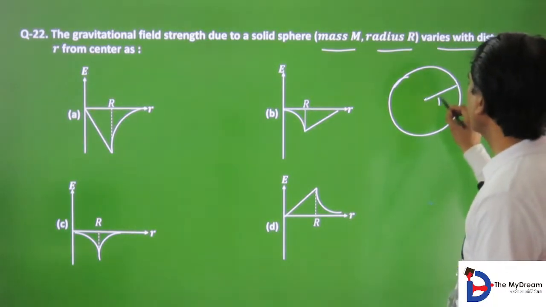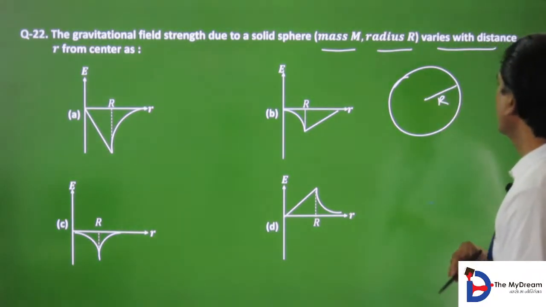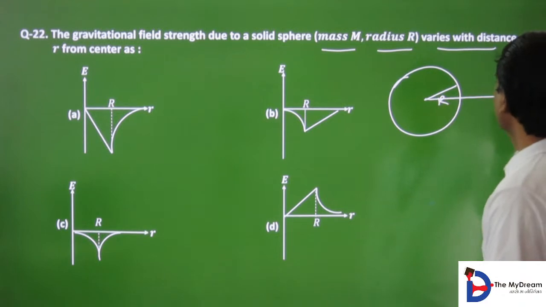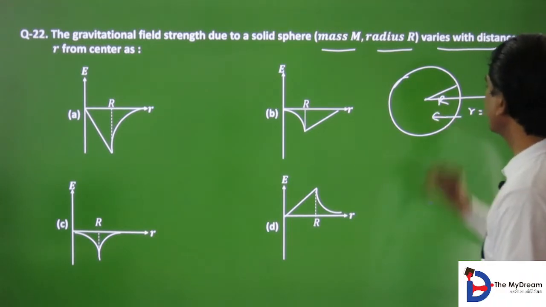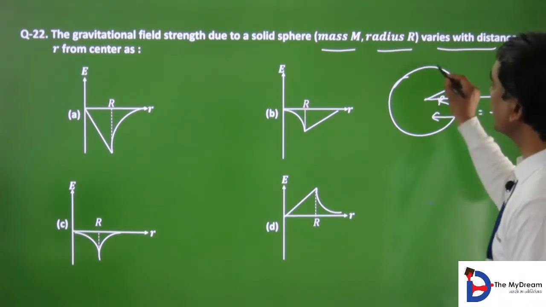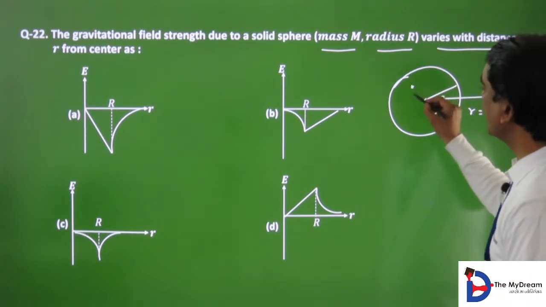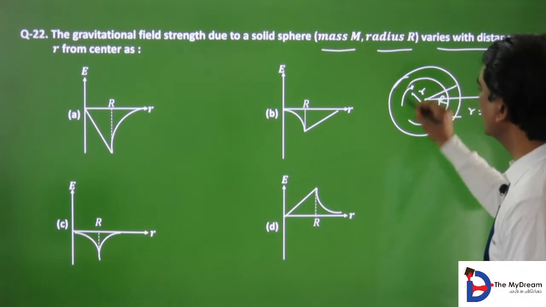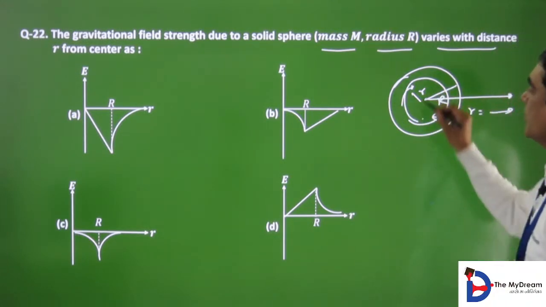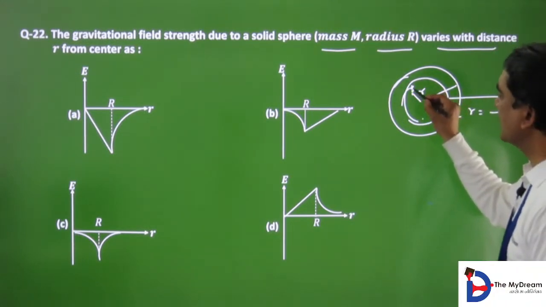Radius is of R. If you want to discuss the gravitational field strength at a distance, if we are considering this at a distance, you want to discuss the gravitational field intensity at this point.